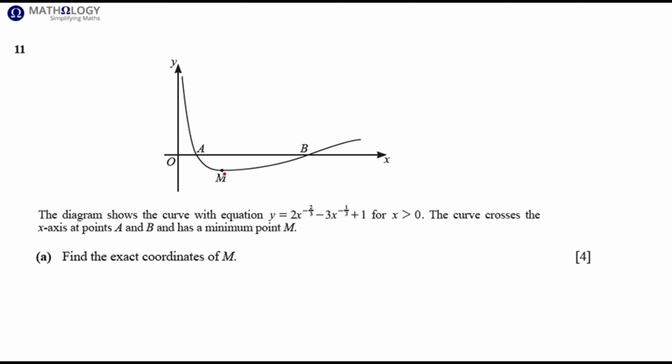So M being a stationary point means that we are first going to find an expression for dy dx and equate that to 0, because dy dx equals 0 for stationary points. So y equals 2x to the minus 2/3 minus 3x to the minus a third plus 1.